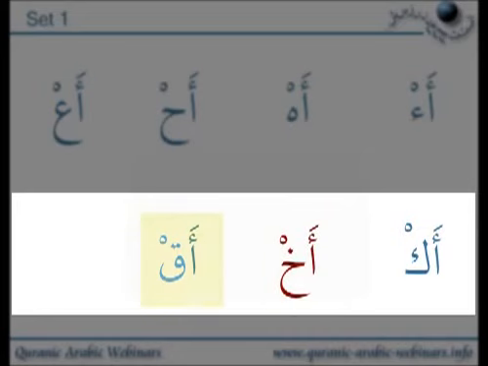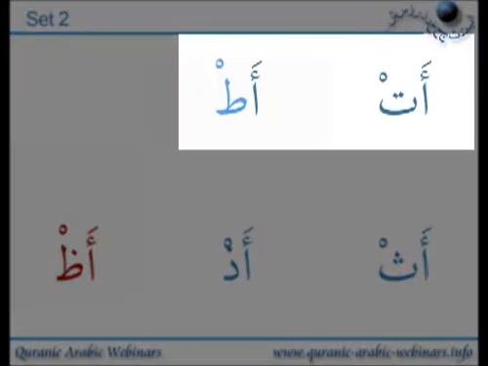And the third one is the qaf, which with Sukun, i.e. when it's sakin, is qalqala, i.e. it's echo. Aqqa. So go through those three again. Ak, akh, and aqqa.